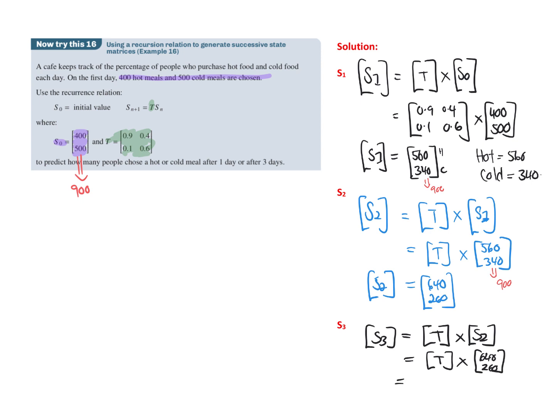And we end up with 680, 220. That's S3. So I might need to make a statement: on day 3, there was 680 hot and 220 cold.